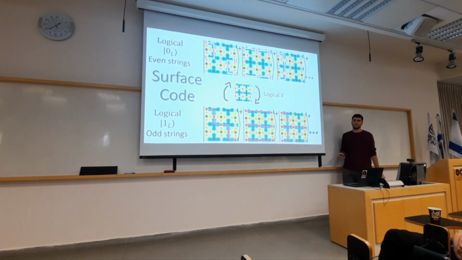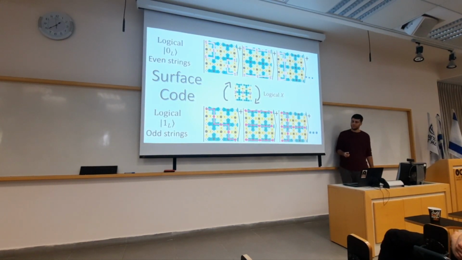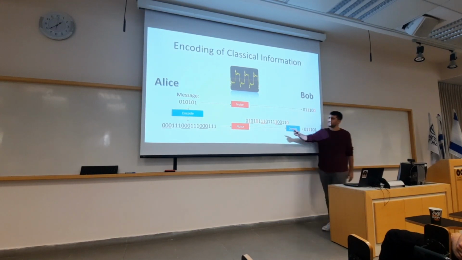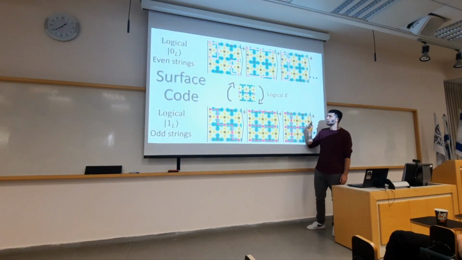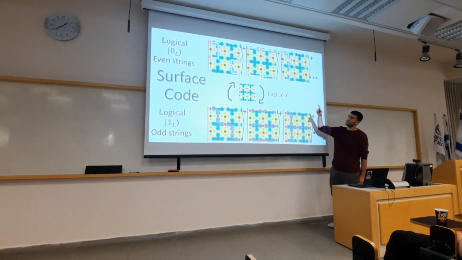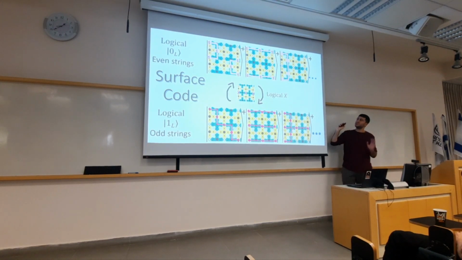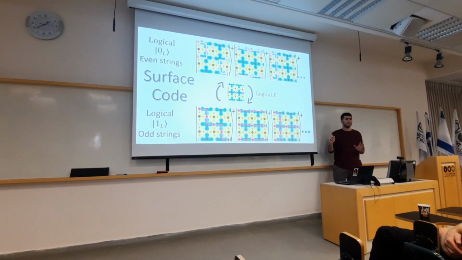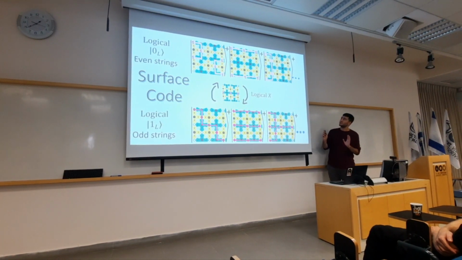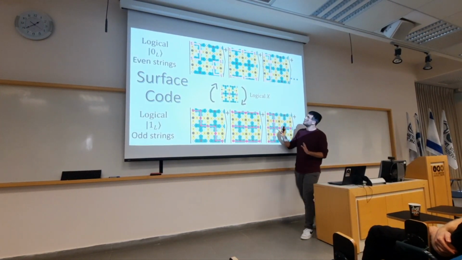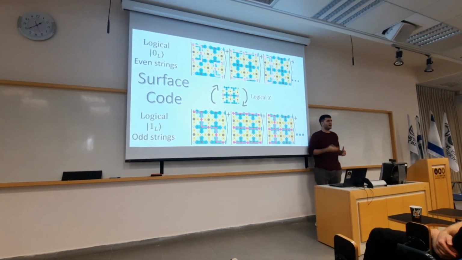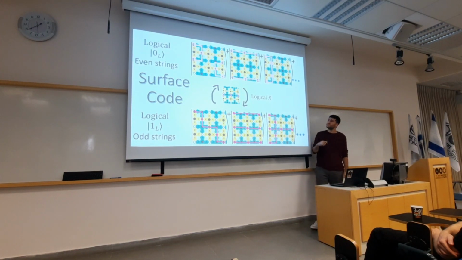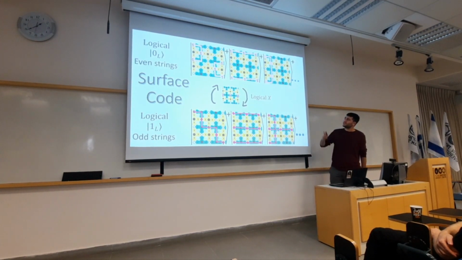Let's assume to start that there are no errors at all. Before, we said that a logical 0 is replaced with 0, 0, 0. This time, in this specific surface code, logical 0 will be a quantum superposition, not just one state, but a superposition of all the possible cases, like you can think about it as parallel worlds at the same time, because it's quantum, of the cases where there is an even number of strings from left to right.